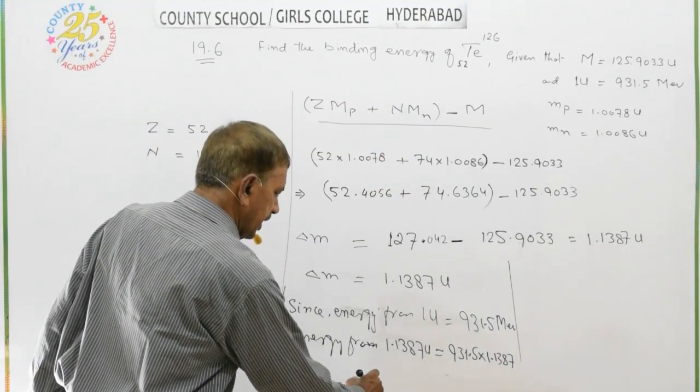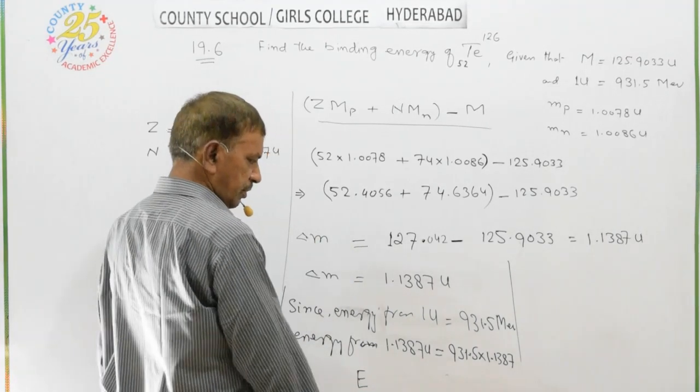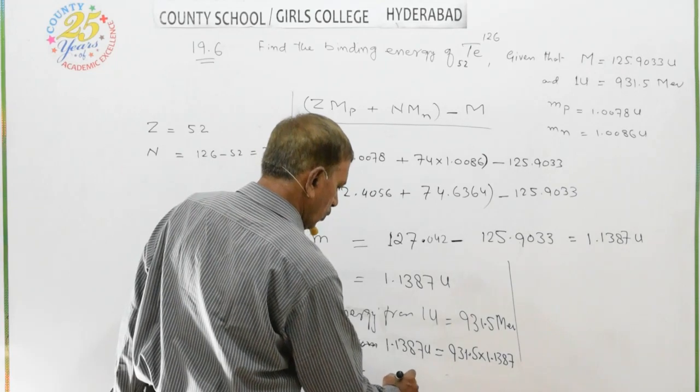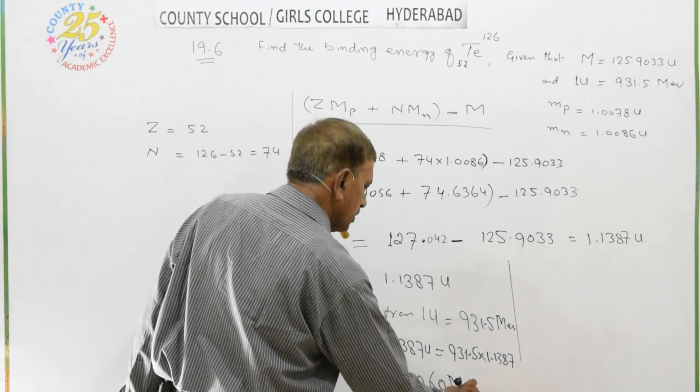So the binding energy for tellurium is 1060 MeV.